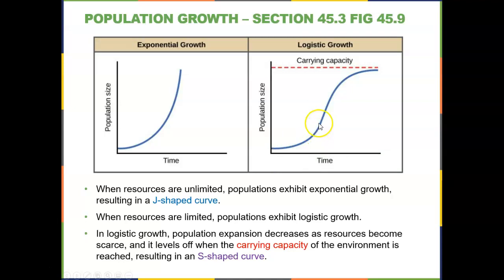So we see a growth expansion, but then as we start to reach where the resources are becoming more limited, so we're using up resources as these population numbers are increasing, we're going to start to level off, and we're going to have fewer and fewer because there's going to be more competition for those resources. And so we will approach, but never actually reach our carrying capacity, because if we reach our carrying capacity, then there could be a collapse of the whole population.